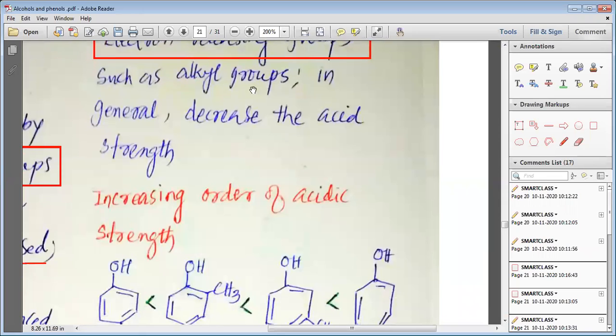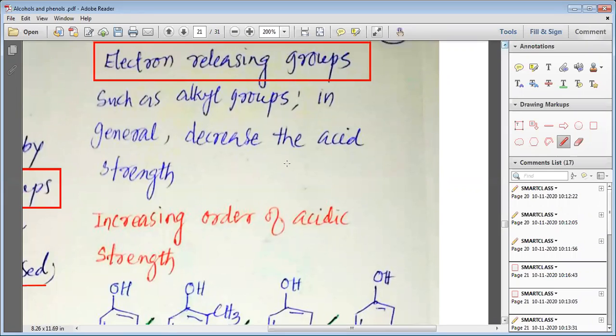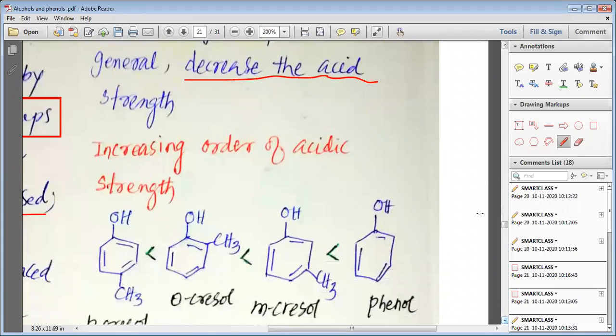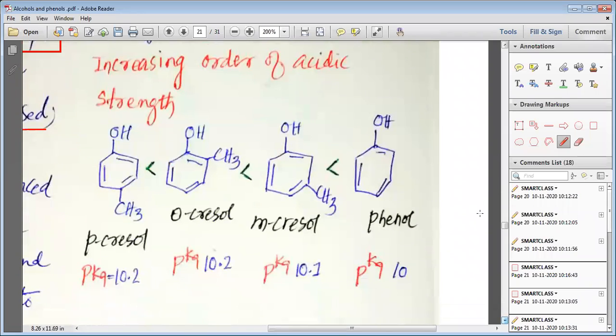Electron releasing groups such as alkyl group in general decrease the acidic strength. Please remember that when electron releasing groups are bonded or substituted on phenol, the acidity of the substituted phenol decreases.